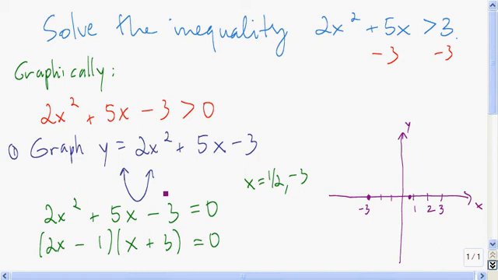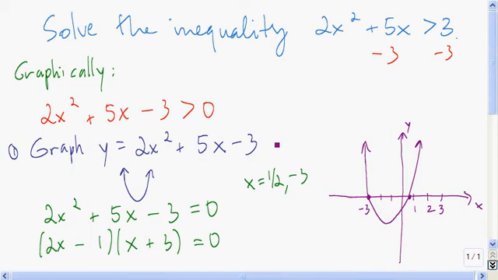So now I know that the graph looks like this and passes through these two intercepts. I know that the vertex is halfway between these two intercepts, and I don't care where the y value is. So we have this parabola that looks like that. That's the graph of y equals 2x squared plus 5x minus 3.